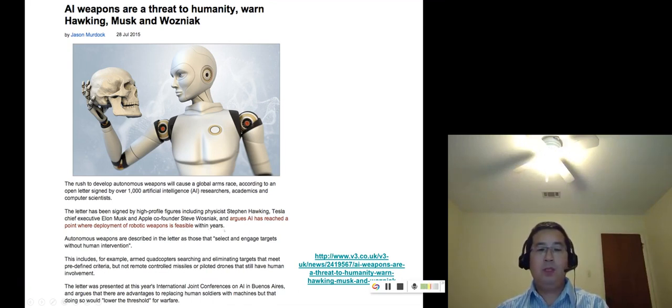So if we develop AI weapons and use AI weapons to remove human targets, but if we just like here can select and engage a target without human intervention, if we don't have a human intervention, so these AI weapons maybe can be controlled by a small group of people. So this small group of people maybe do harm to a large amount of other people.